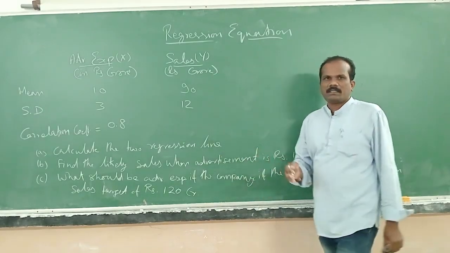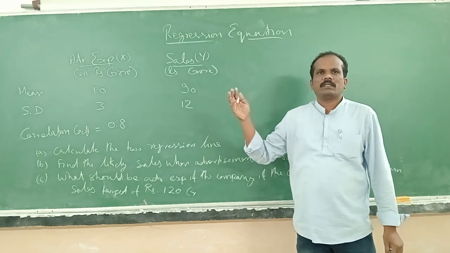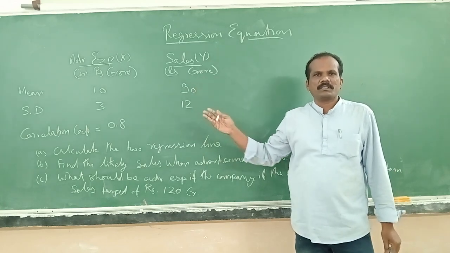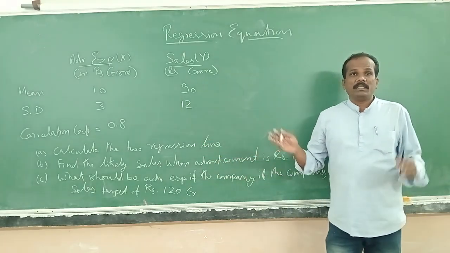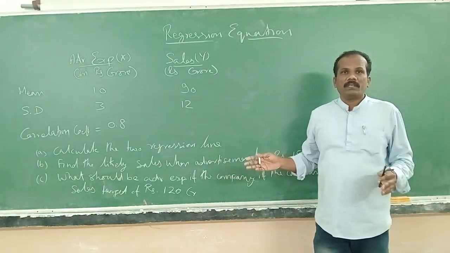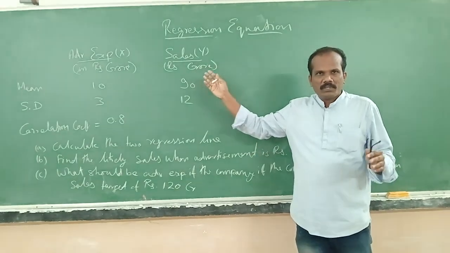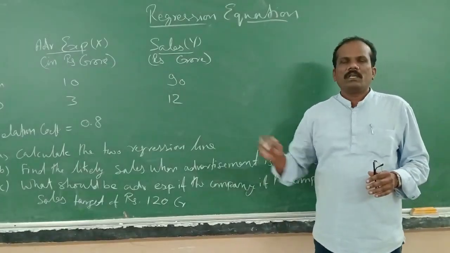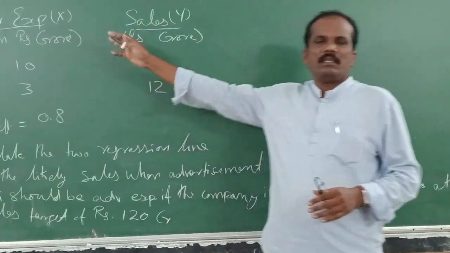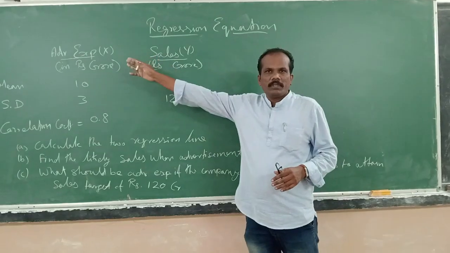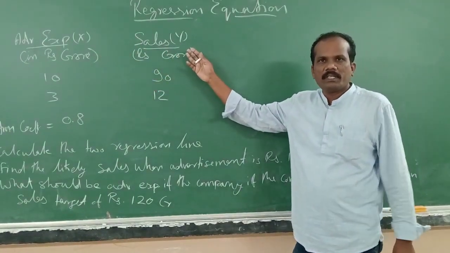As I said, when we apply the indirect values, the mean, the standard deviation and the correlation coefficient are given, but the actual data will not be relevant. In that condition, the information is given for two things: advertisement expenditure is given as the variable x, and sales is the variable y.